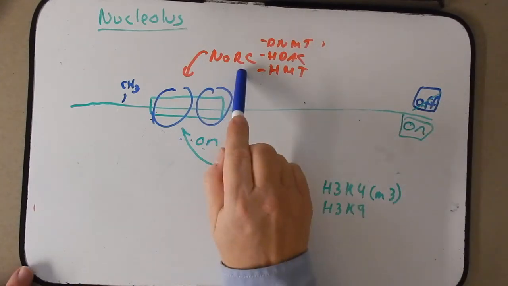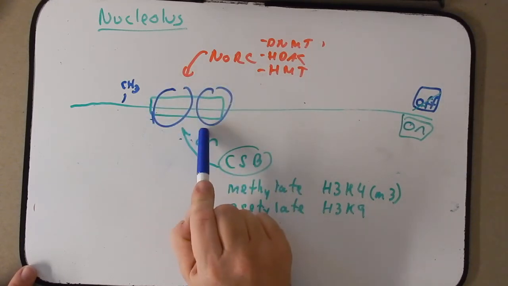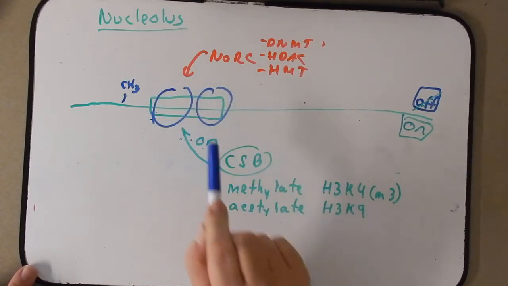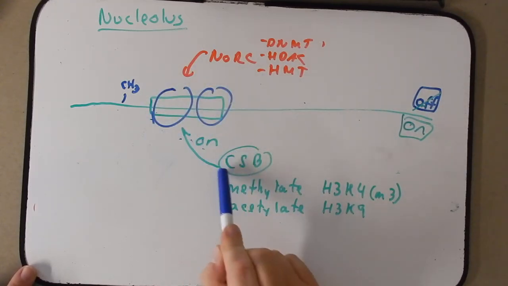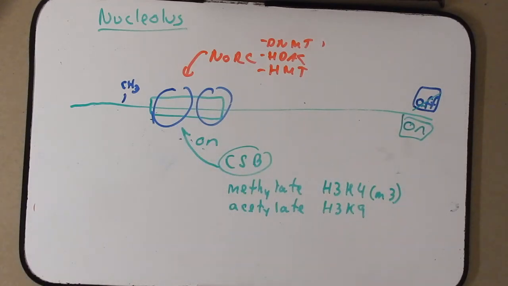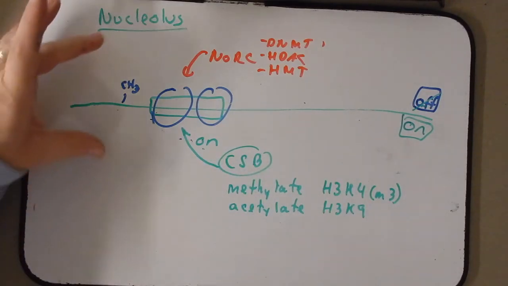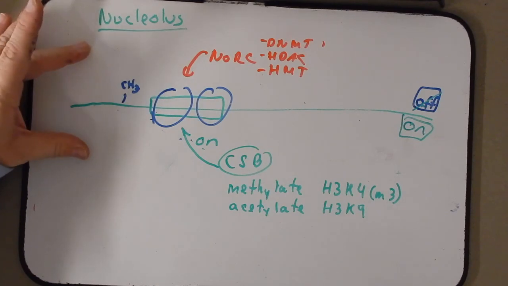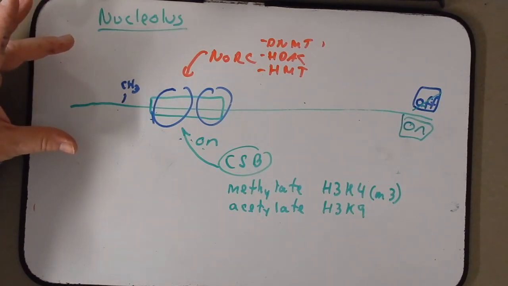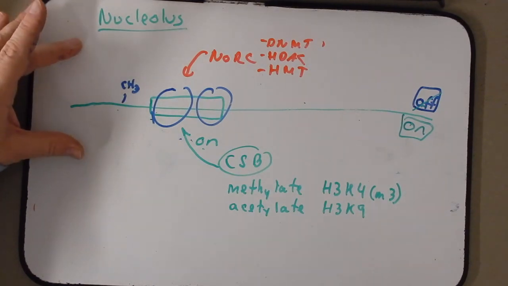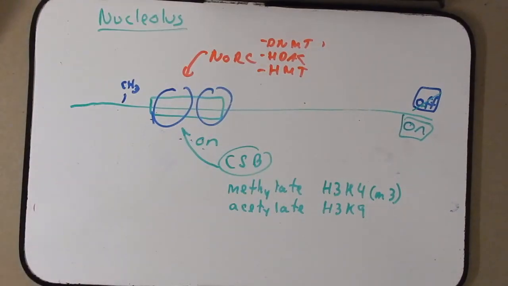So the NORC will epigenetically mark this region to keep it off. The CSB will come along here and turn it on. Having these large complexes come in here helps establish that epigenetic mark that is strong enough to be inheritable.